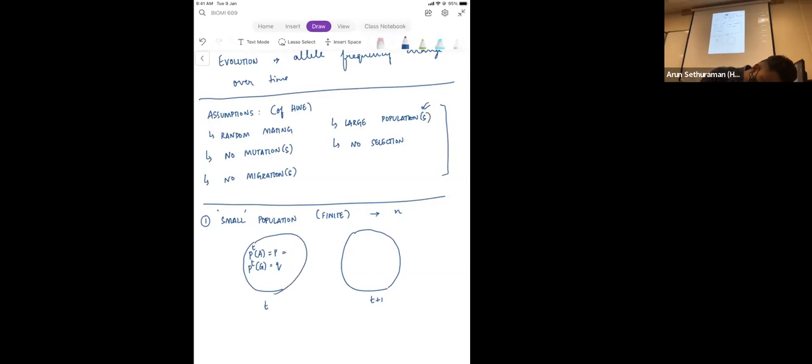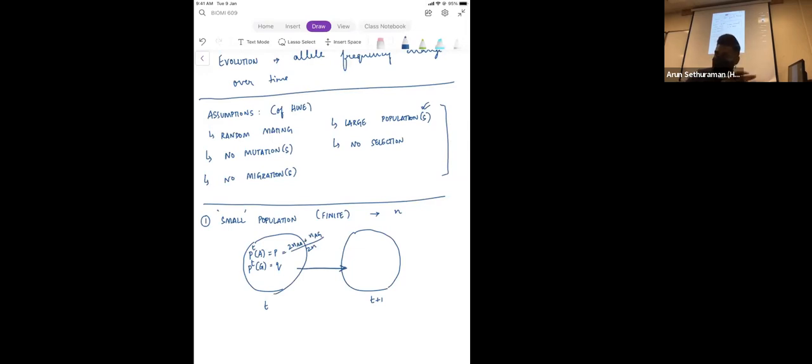This is just equal to 2N_AA plus N_AG divided by 2N, right? So this is the same formula that we wrote earlier. And let's say that from this generation to the next, all we're doing is sampling with replacement into this next population.